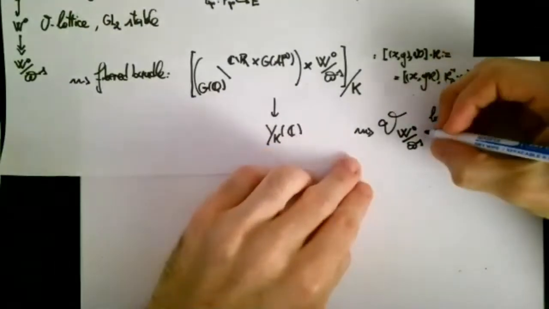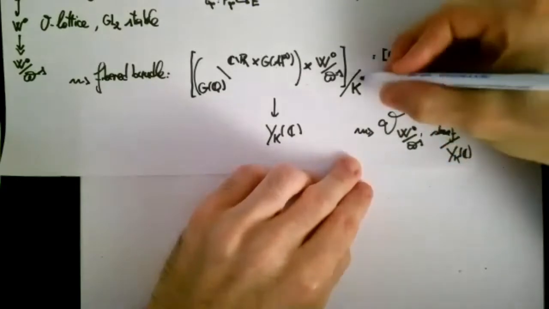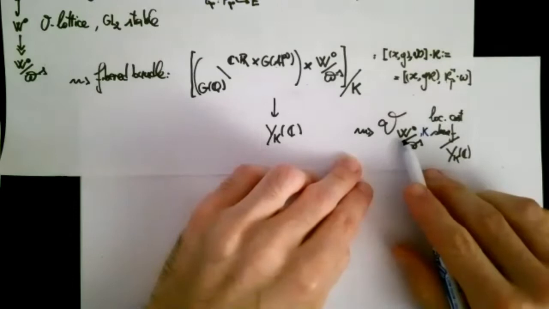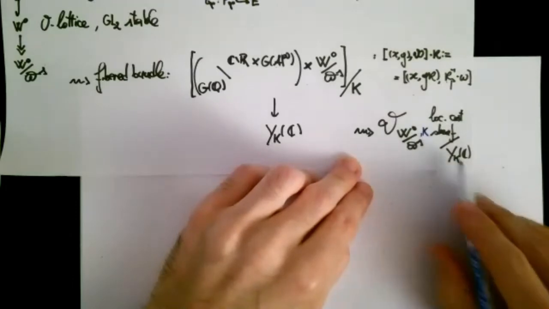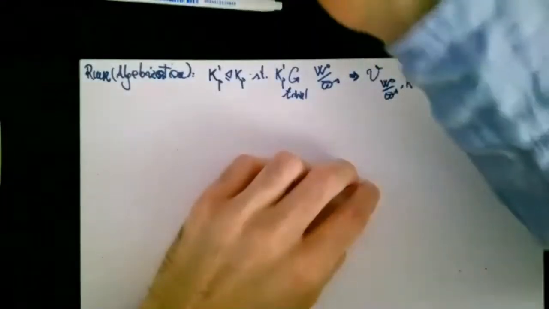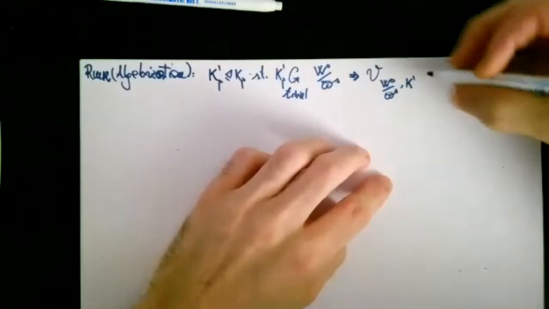So I should remark that to write properly, I should always keep track of the level. So let's write W naught omega S K. I will omit the level during the lecture because it's a bit redundant. It's not redundant, but it's a little bit heavy for the notation.